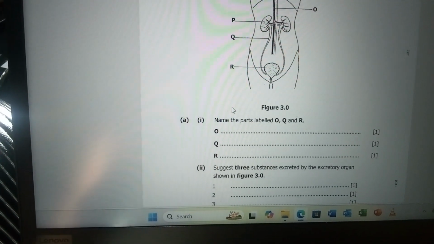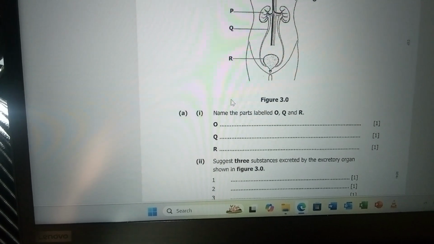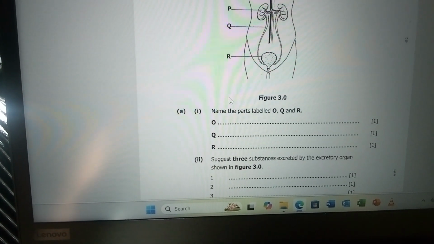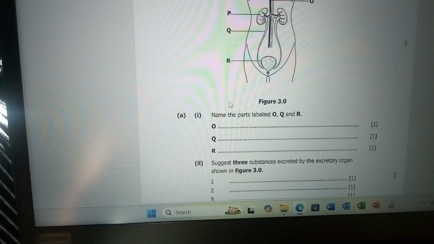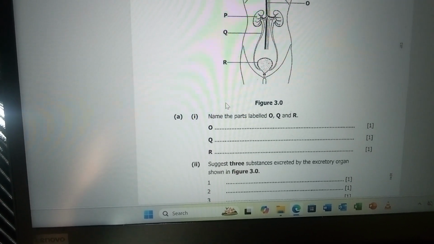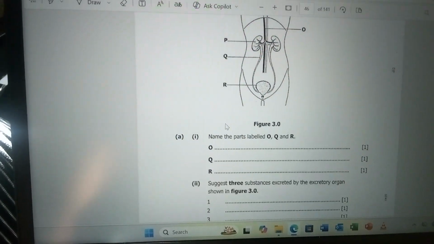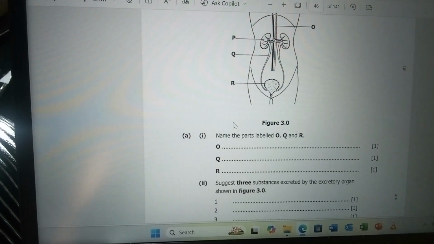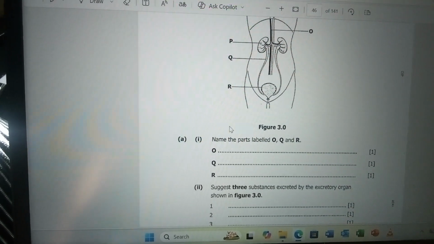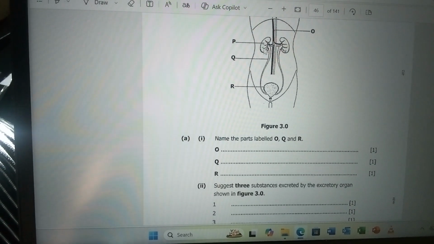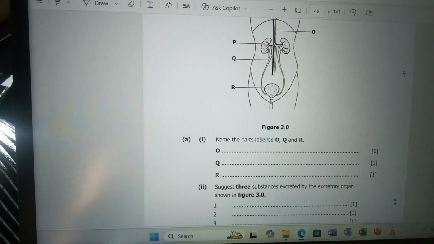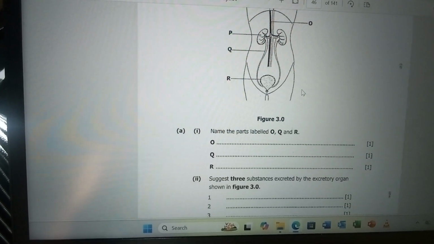So second question, they are saying suggest the three substances excreted by the excretory organ shown in the part labeled 3. So the excretory organs that are responsible for the removal of waste products are the kidneys, a pair of kidneys.